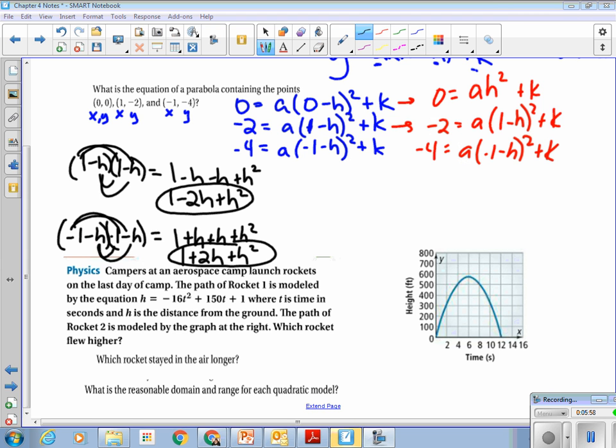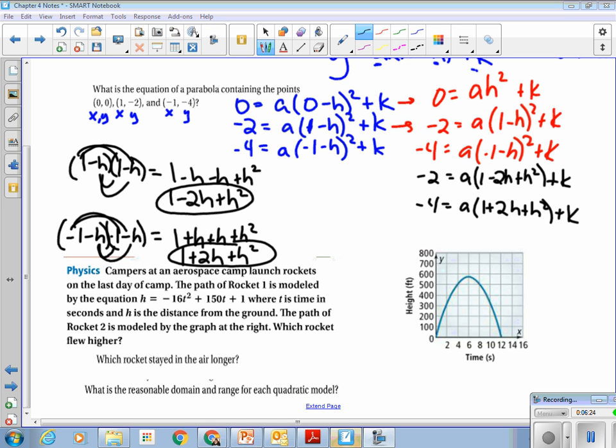So then these two over here are negative 2 equals a times (1 minus 2h plus h squared) plus k. And then this one is negative 4 equals a times (1 plus 2h plus h squared) plus k.